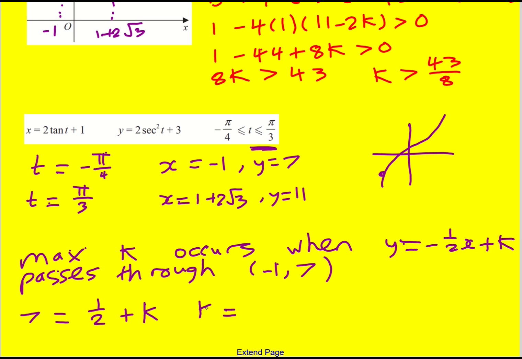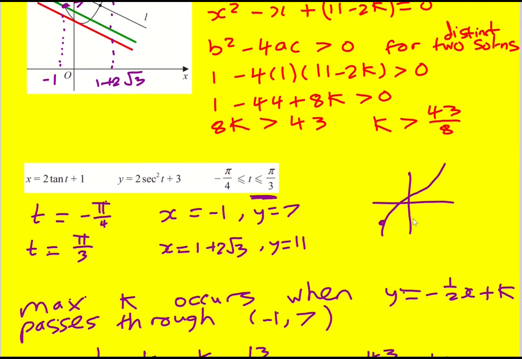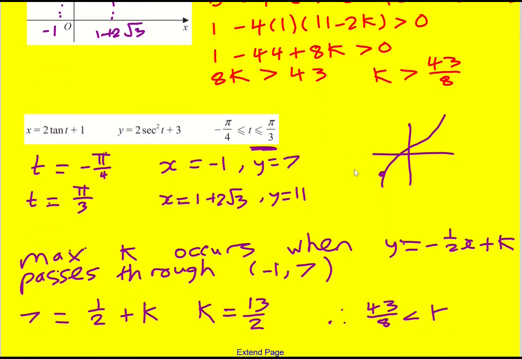So then k will equal 14 over 2 minus 1 over 2, 13 over 2. And therefore, we require that k is greater than 43 over 8 from before. That was the red line, remember? That's the minimum value to get these two distinct solutions. It can't equal it because it just touches at that one point. But for the green line, it would just touch at that point where the curve begins, and that's included. So k is going to be less than or equal to 13 over 2.